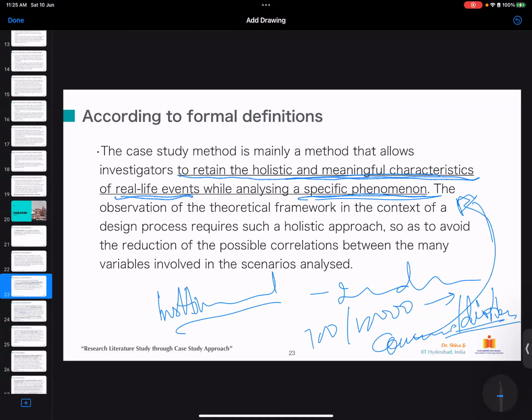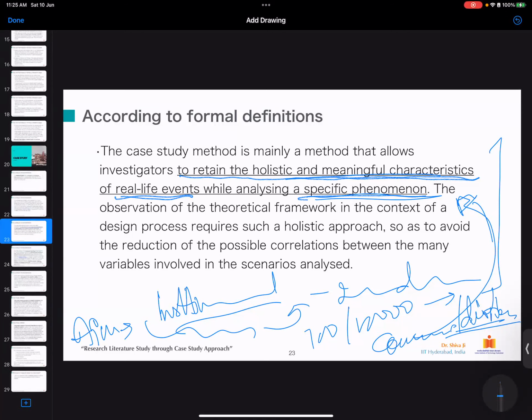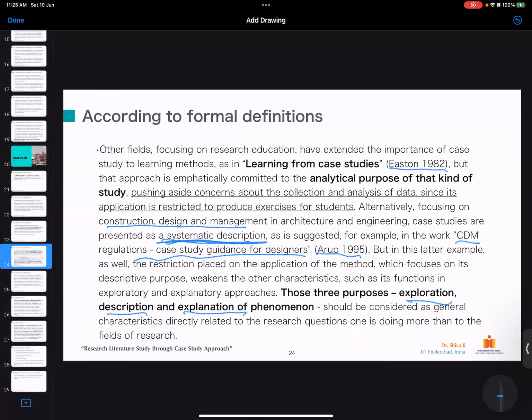How you are going to analyze them depends on your aim, what aim you have targeted, and with that help, case studies will help you reach the nuances of that research, right? So case studies are helpful in those kinds of situations.